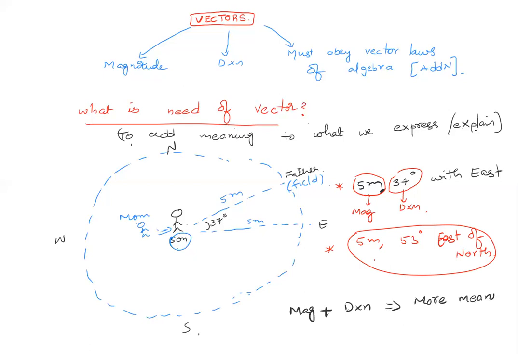There is more meaning to what we express if we are giving magnitude as well as direction. But if we don't give direction in this example, obviously it is less meaningful. So that is why for vectors we need to give magnitude, direction and all.